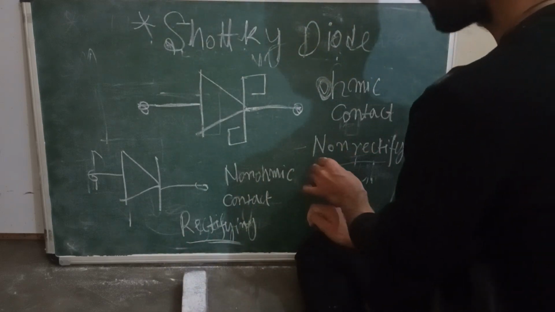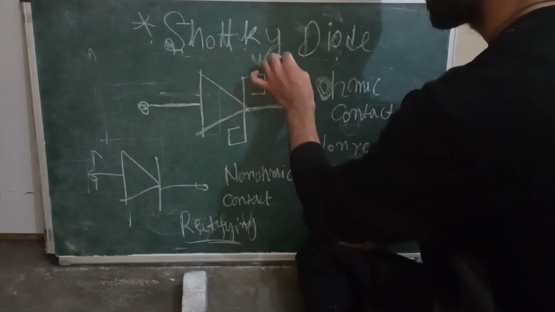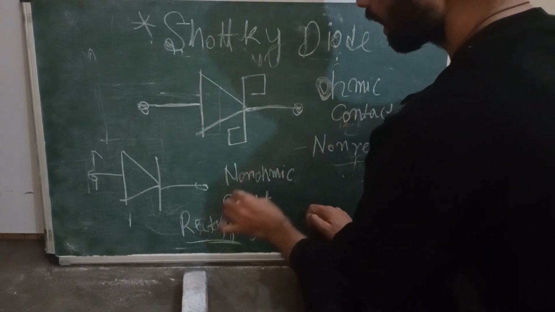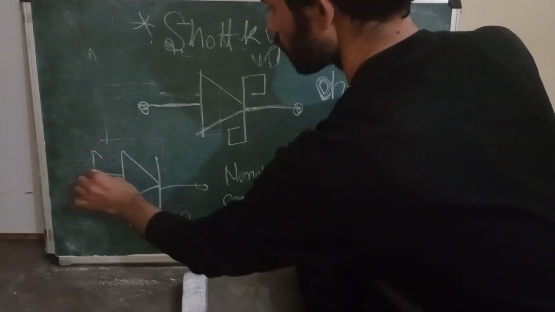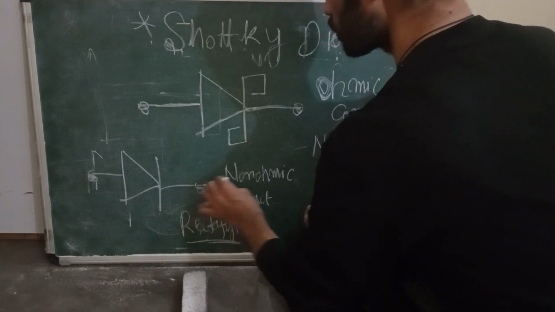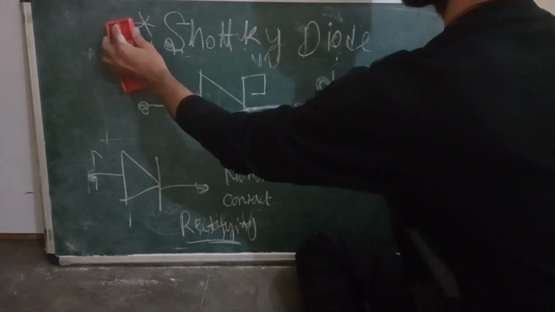So the non-rectifying type we get in the Schottky diode, which is ohmic contact, and the rectifying type we get in the normal PN junction diode, which is non-ohmic contact. This is all about the Schottky diode.